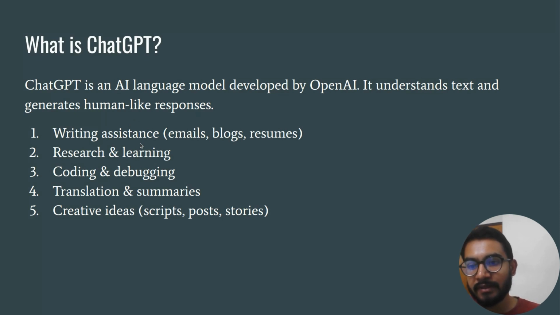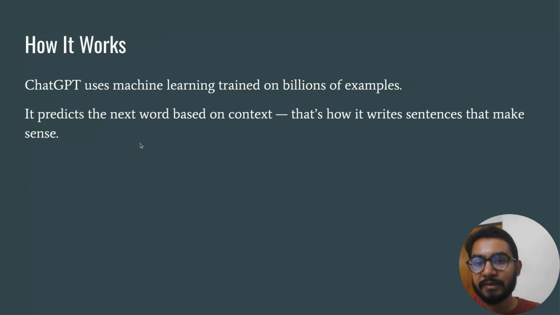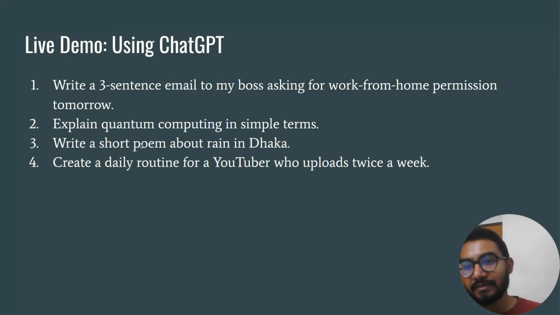You can use ChatGPT for coding and debugging, and also for translations and summaries. You can also use it for creative ideas like scripts, posts, and stories. So let's jump into some live demos, or live conversations, with ChatGPT.